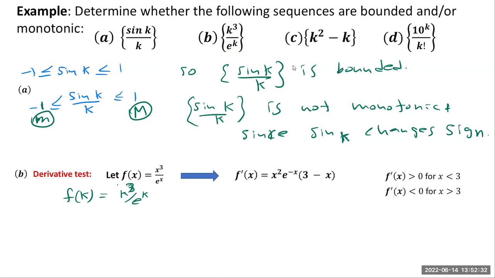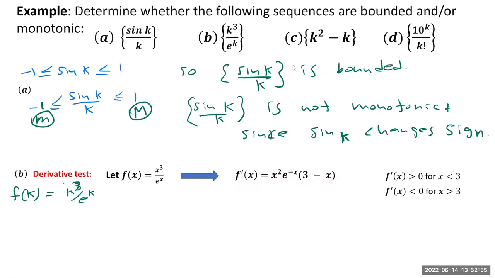To apply the derivative test, what do we have to do? We need to check the derivative, right? First of all, I have to find the derivative. If you find the derivative, you will see that it's calculus 1. I'm not showing the steps here. F prime of x is going to be x to the power 2 times e to the minus x times 3 minus x.